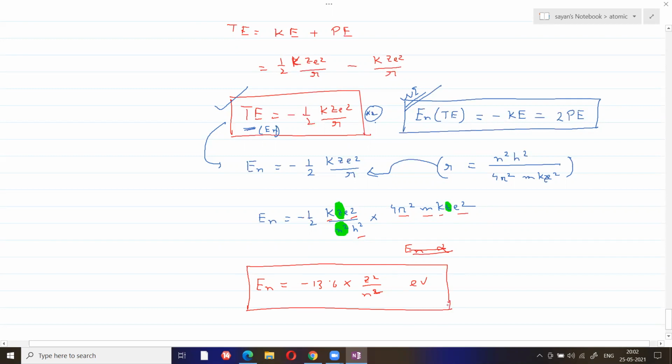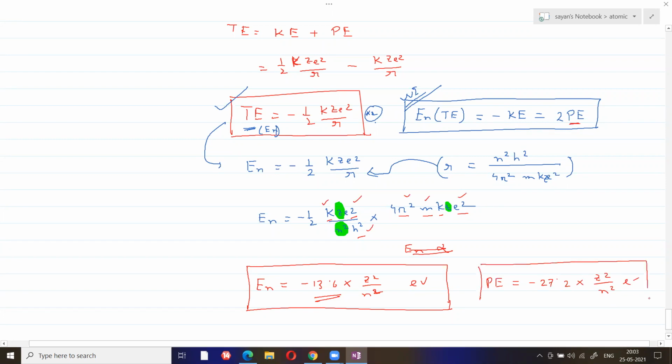Okay, is it clear? How would you get 13.6 after putting all these values? We get this one. Okay, so if the total energy is this one, what is the value of potential energy? Potential energy is basically multiplied by 2, so minus 27.2 z square by n square electron volt.